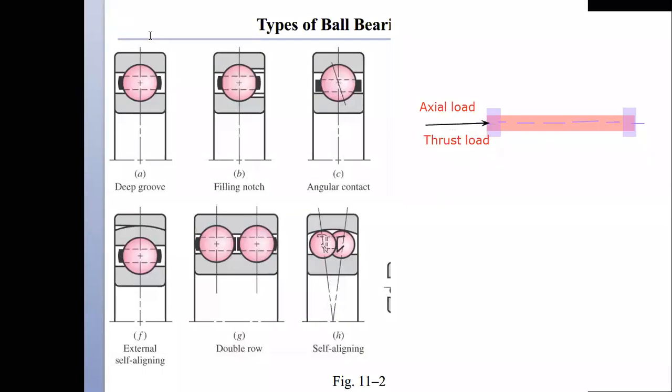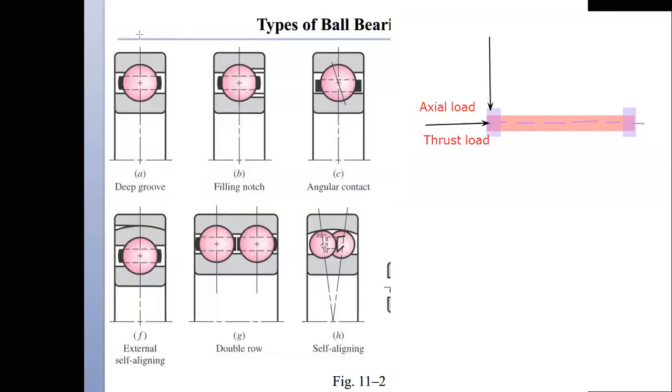Now, we can have another load which would be perpendicular to the axis of rotation of the shaft, or that is acting towards the center of this shaft, that is, along the radius of this bearing.